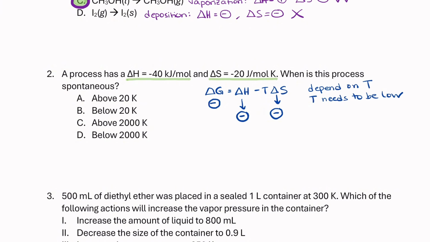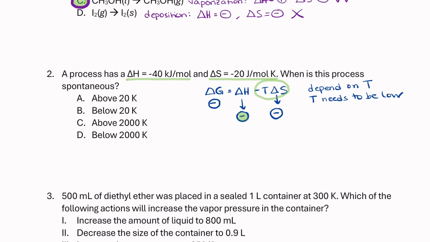Why? Because at low temperature, the term minus T delta S is small, so the negative delta H dominates. At high T, the minus T delta S term becomes a large positive number, which can make delta G positive and non-spontaneous. Let's calculate the crossover point, the temperature where delta G equals 0.